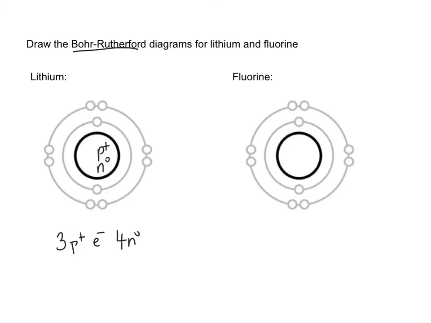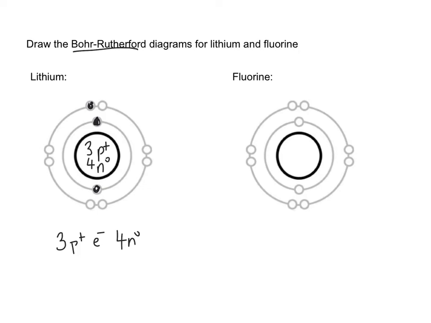And we got this from the tables we just completed. So 3 protons, 4 neutrons, and that means we fill in three electrons.